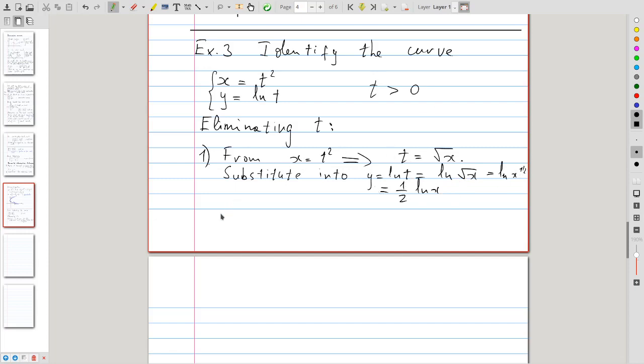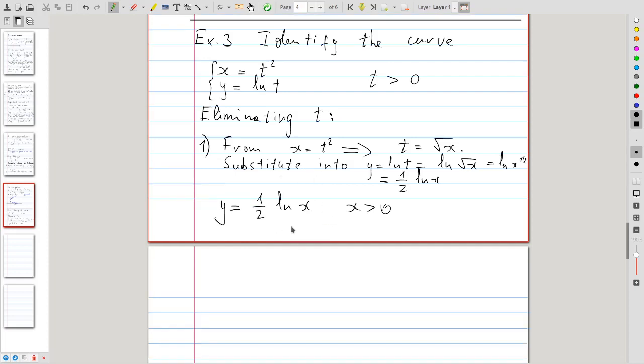And so we have the equation y equals 1/2 log of x, with x being positive. So in other words, the curve that has this parametric equation is just the graph of the natural logarithm.